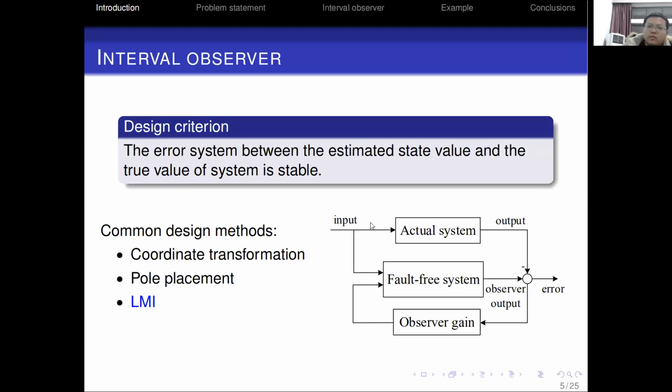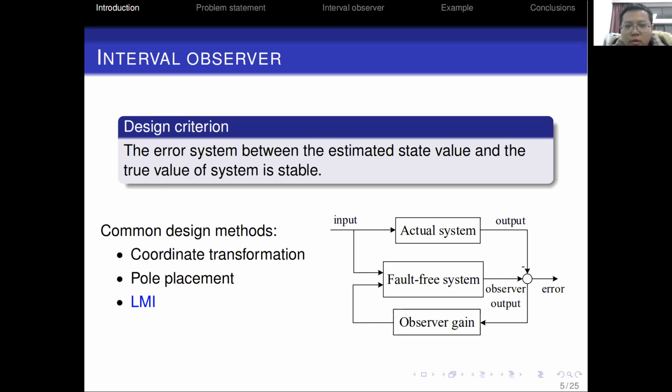Then we usually design some observers. In this talk, we design the interval observer, and in some other papers or research works, we can find other observers such as the zonotope or other geometries. One thing we should know before the research is whether the system is stable or not.